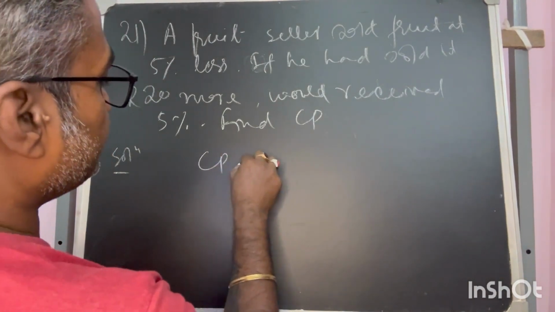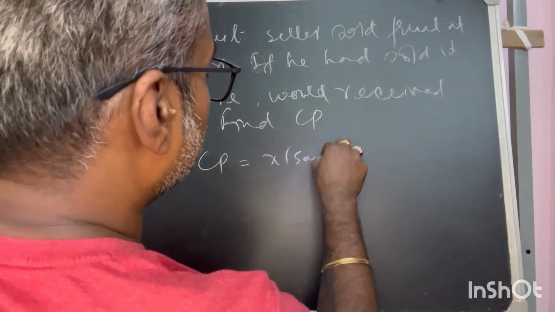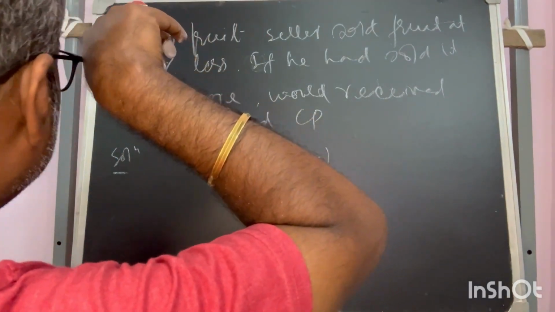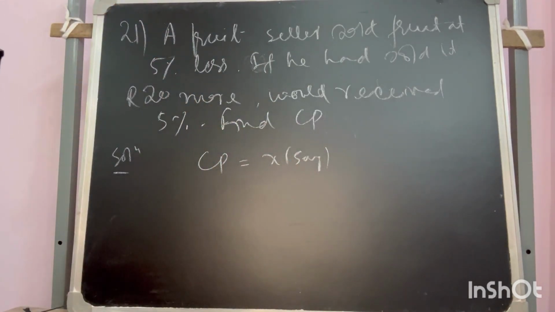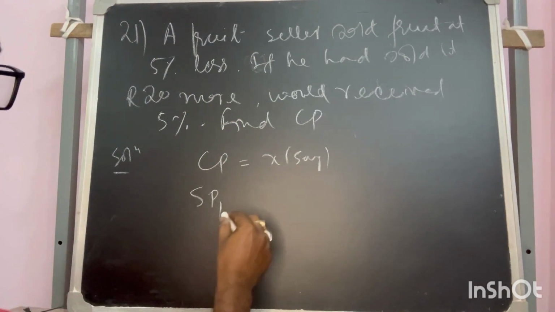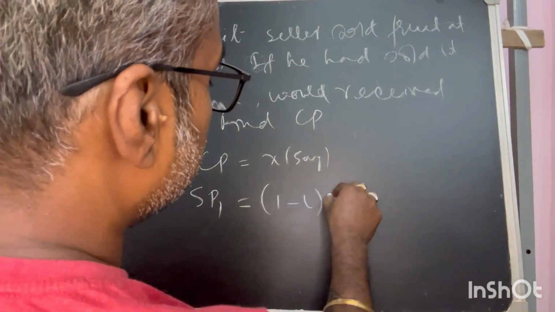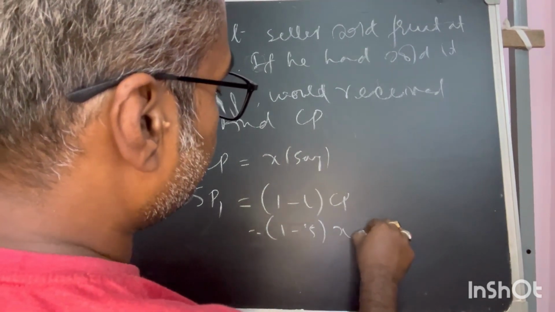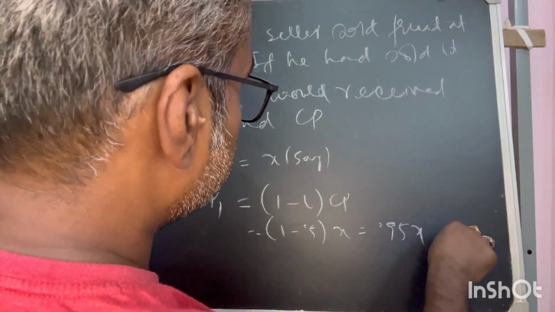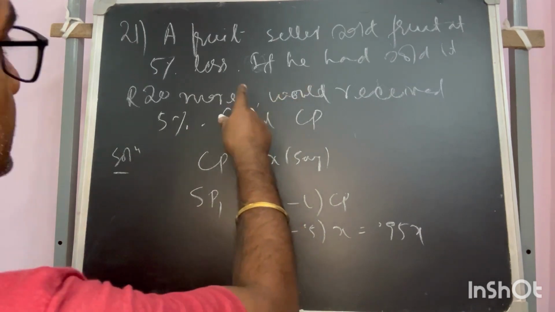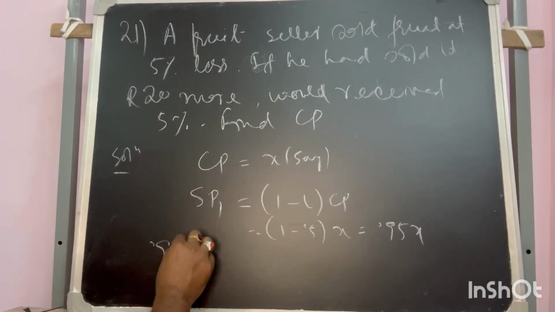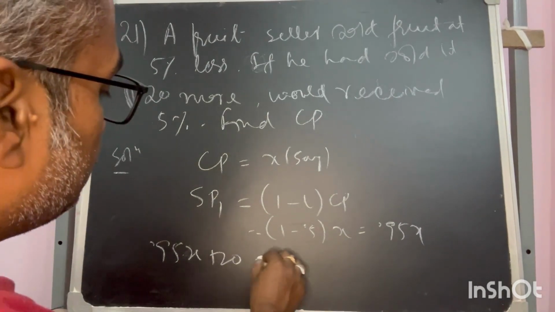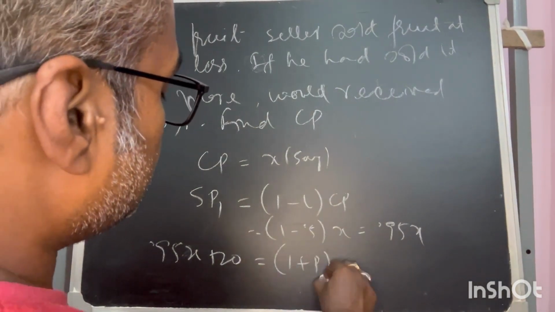Now CP, if I assume X. For the first transaction he is making a 5% loss, so SP1 for the first transaction is equal to 1 minus loss into CP, that means 1 minus 0.05 into X, that means equal to 0.95X. In the second case, adding 20 rupees more, you would have gained, 1 plus P into CP.